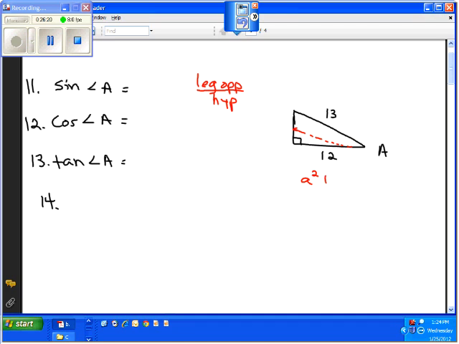Pythagorean theorem. We're going to say, okay, a squared plus b squared equals c squared. We're going to let this be our A, the other leg be B, and the hypotenuse is our C. So we're going to have a squared plus my B, which is 12 squared, is equal to my C, which is 13 squared. Okay?